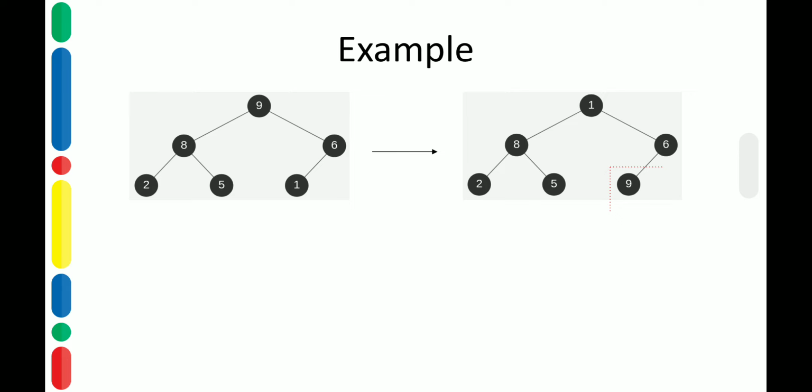So the shaded part that I have shown here is the part that has to be not included for the reheapifying operations. Now what we should do is we should again heapify the remainder part.